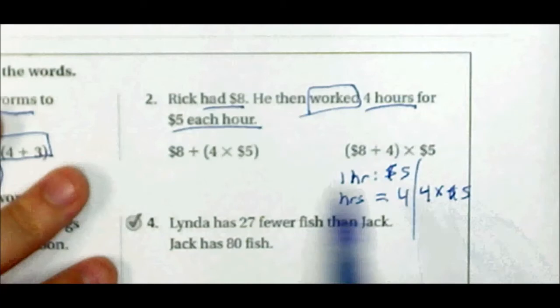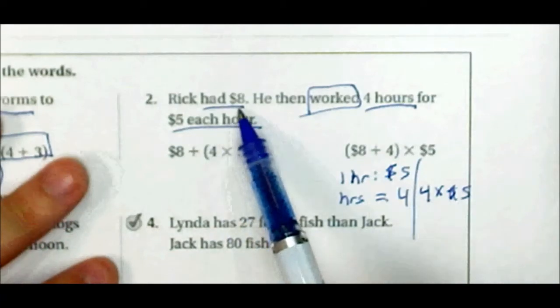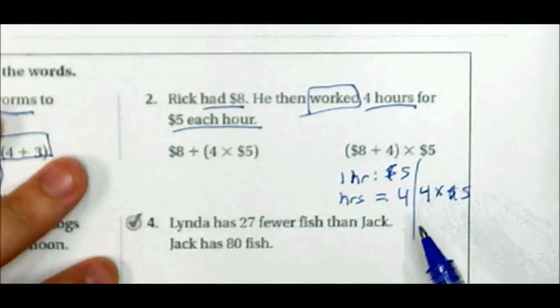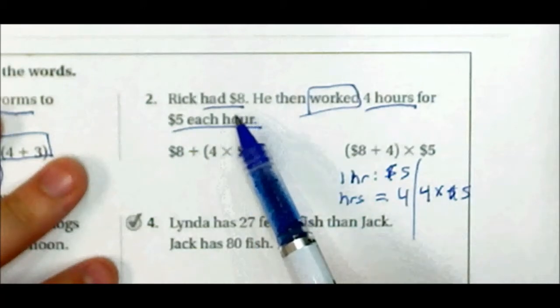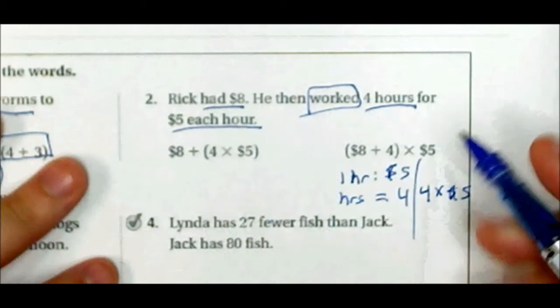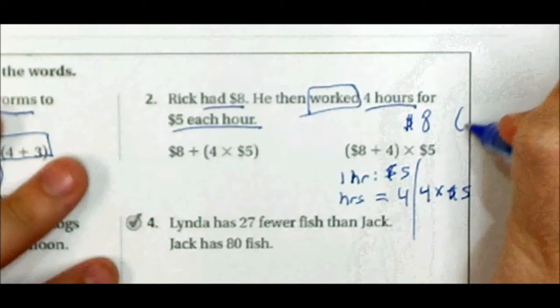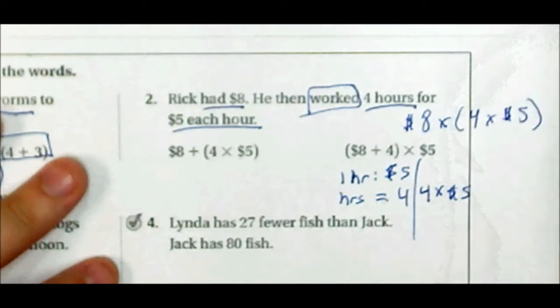Now, let's look at the $8. Now, do I include the $8 in this multiplication problem? Do I say 5 plus 8 times 4? No, I'm not making $8 more dollars every hour. I'm just starting with $8. So I can just add the $8 to the 4 times $5.